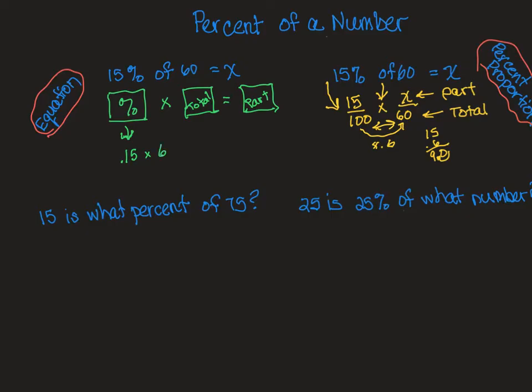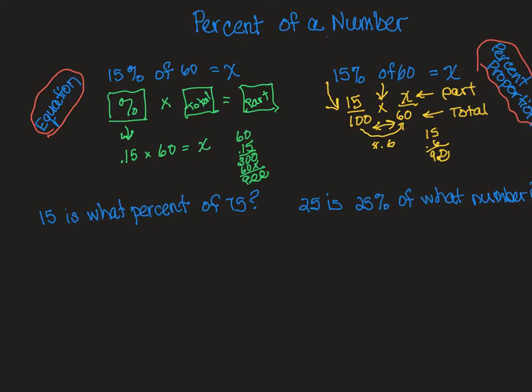I'm multiplying that by 60, and I'm getting the part. As on the other side, if I multiply 60 by 0.15, I will get 90 and 2 decimal places, so I am going to get 9. So in both cases, I have shown that 9 is 15% of 60.